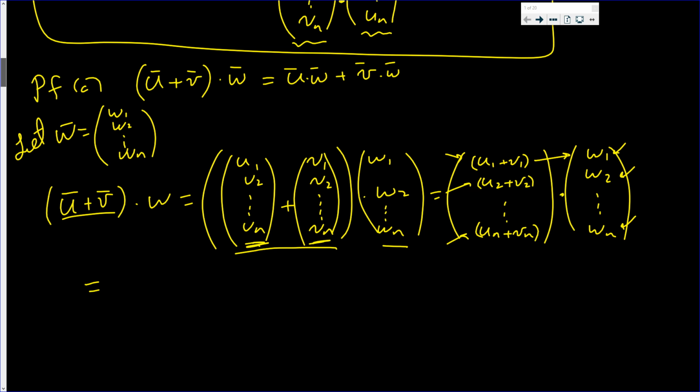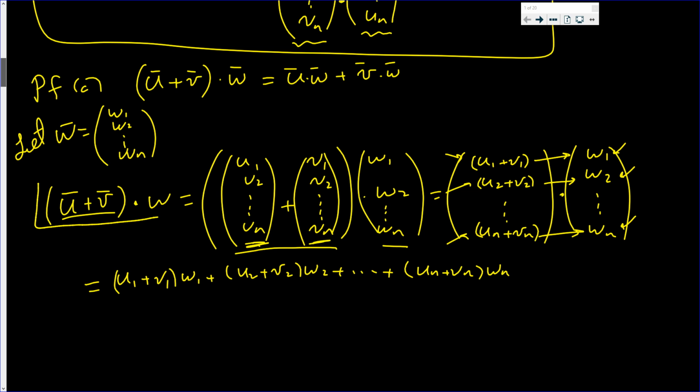I'll multiply those two. I get u1 plus v1 times w1. Multiply those two, I get u2 plus v2 times w2, all the way down to un plus vn times wn. Okay, that's the dot product of this. Now, let's look at each of these things that we are adding.